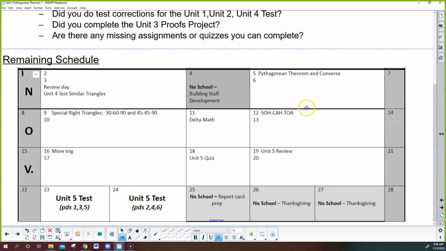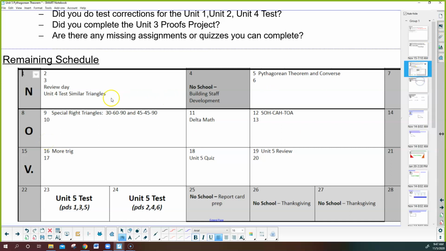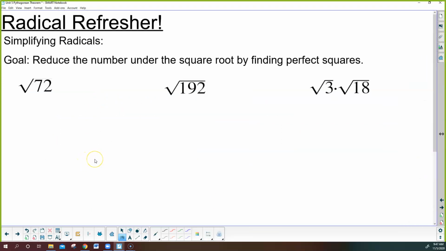So if you think of the times that we'll meet, we're going to meet today, and 1, 2, 3, 4, 5 more times after today, and then we're done. So if you want to improve your grade, you've got to make some decisions and choices right now. I'll be available from 1 to 2 o'clock in my office hours if you have any questions, and I can help you make a plan to get back on track.